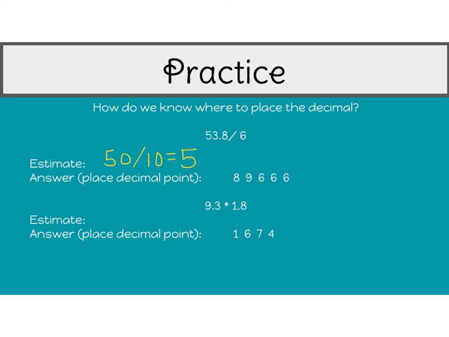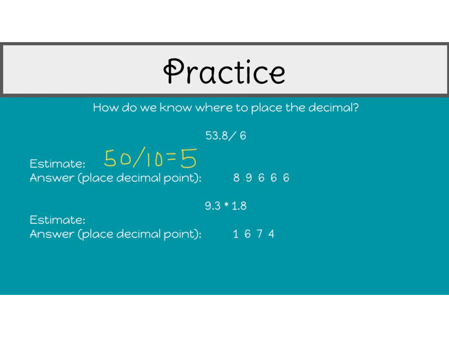And so now when I look at my answer choice here, I've got lots of digits. What makes the most sense is to put my decimal point right here, because 8 and 9, which we're just going to round to 8 9600ths, would make more sense with my estimate being 5. So I place my decimal point there.